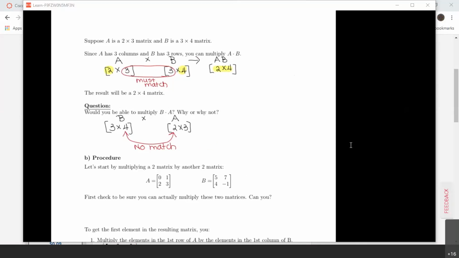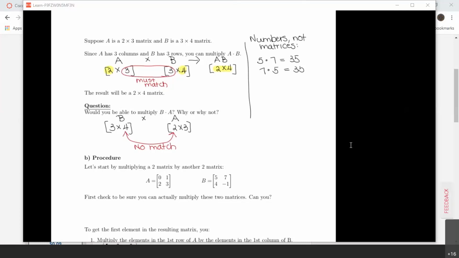Now this brings up an interesting thing you might not realize. If you're just talking about numbers, not matrices, you might remember that 5 times 7 is 35, and 7 times 5 is also 35, right?